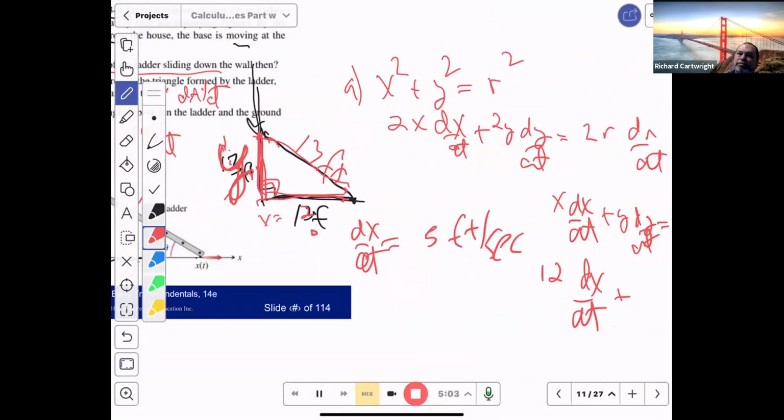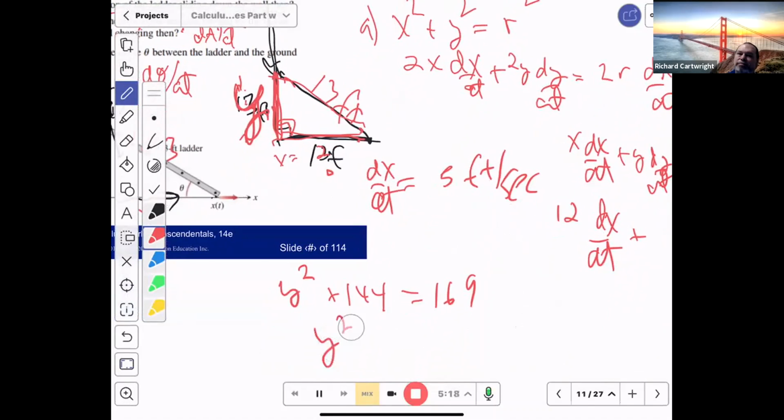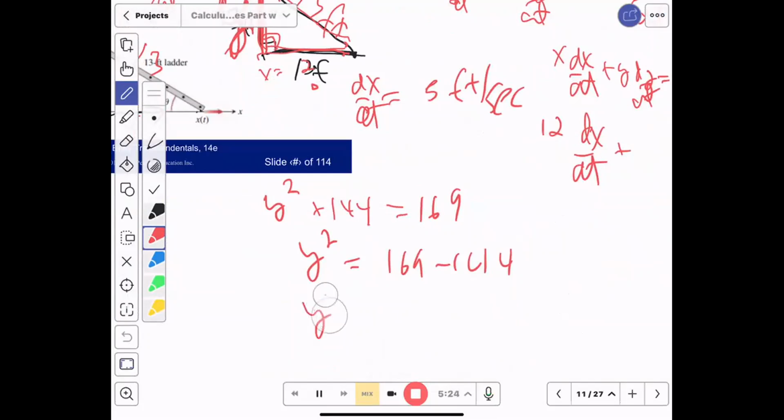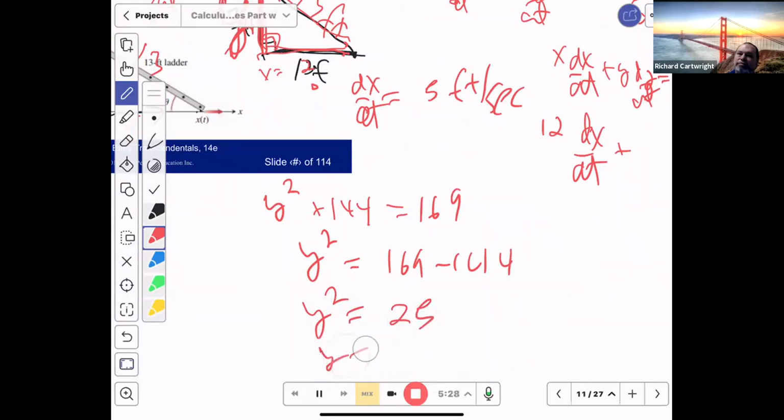How would I get it? Pythagorean Theorem. y squared plus 144 must be equal to 169. y squared is 169 minus 144. How much is that? Real quick. 25, which is 5 squared. Okay. y must be 5.